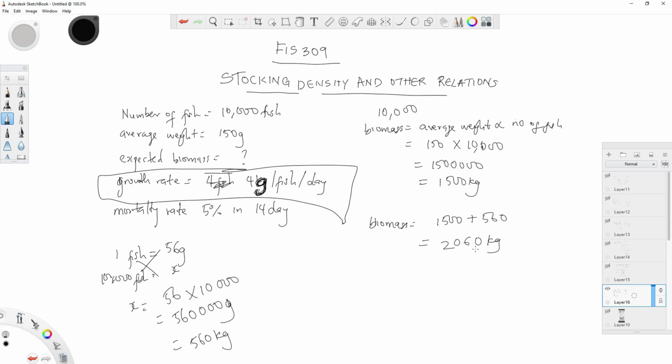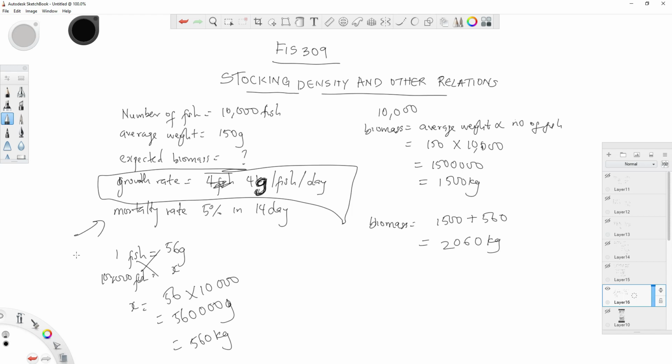But we can't stop here, because the question also included that some of them died along the line. Some of them died, it's normal, and you need to take account of those ones. You need to remove them from what we have here.